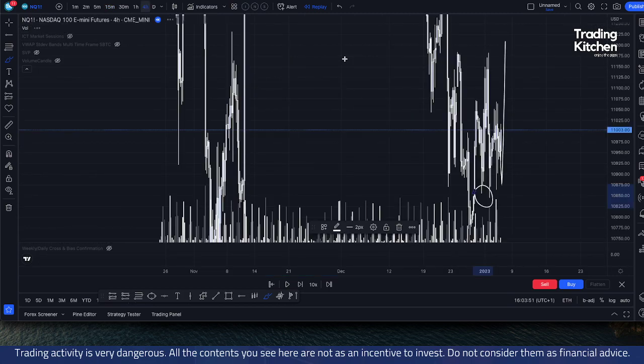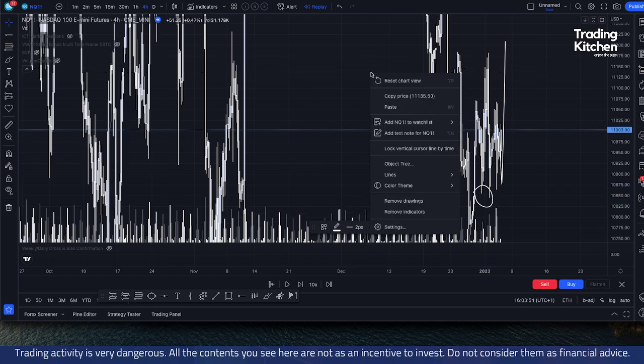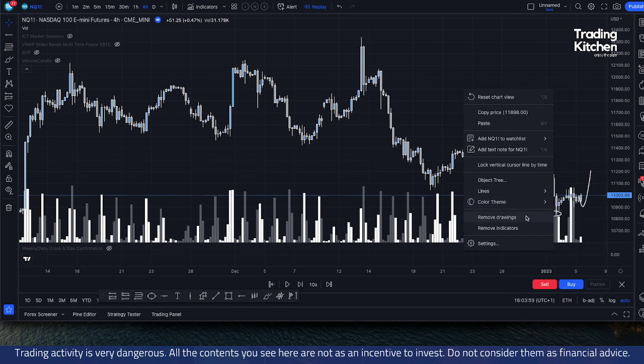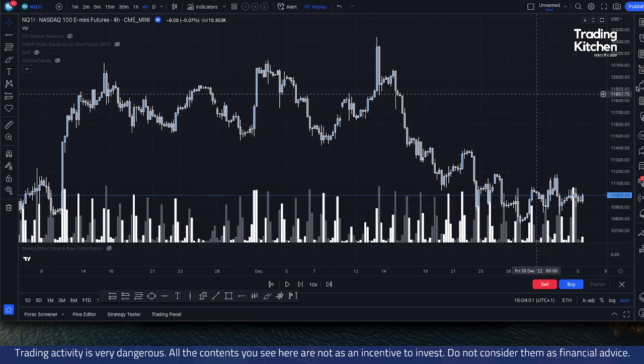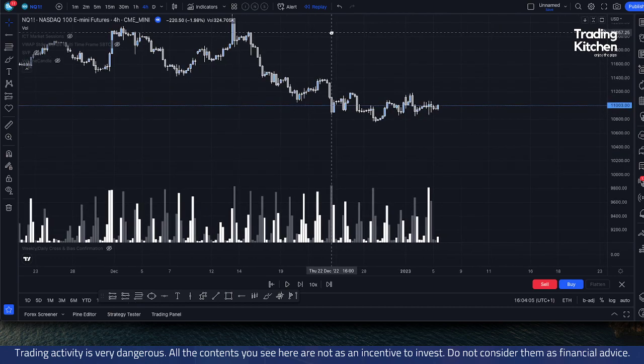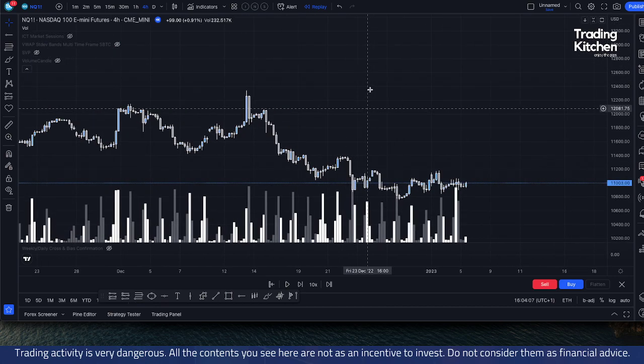Let me do a quick overview on the 4-hour time frame, in which, as you can see, we are clearly bearish. Why?